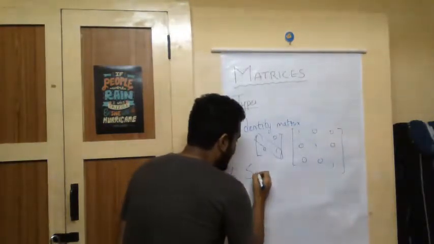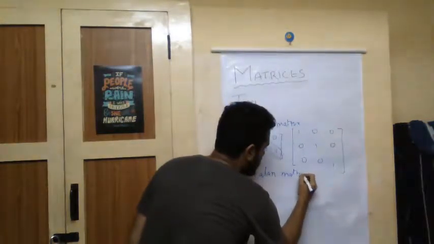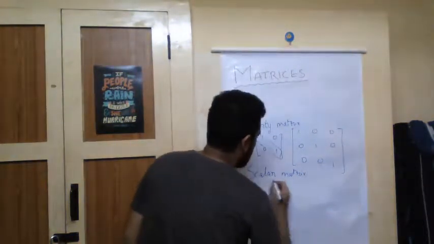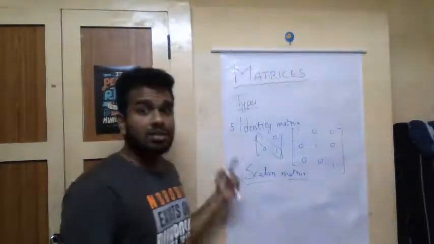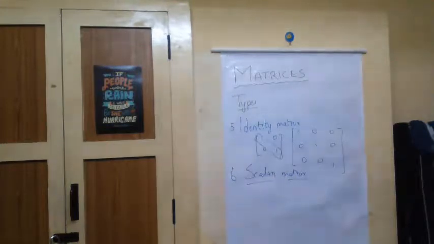And the next one is the scalar matrix. This is another important matrix. A scalar matrix is again a square matrix.